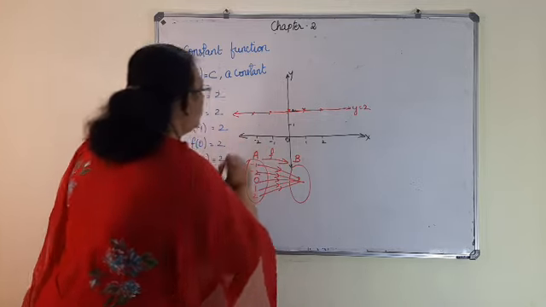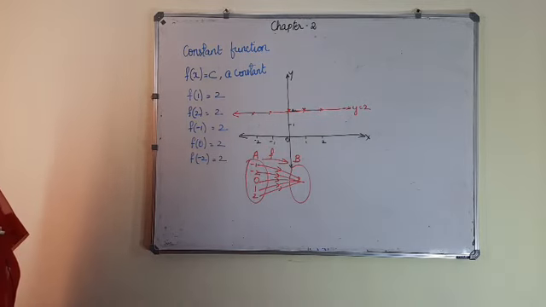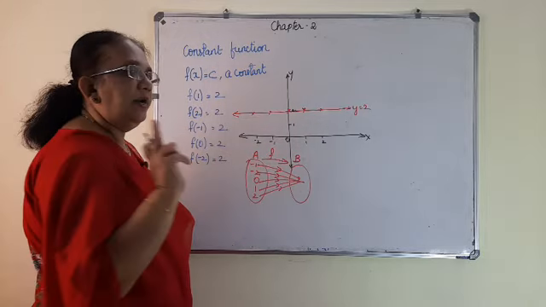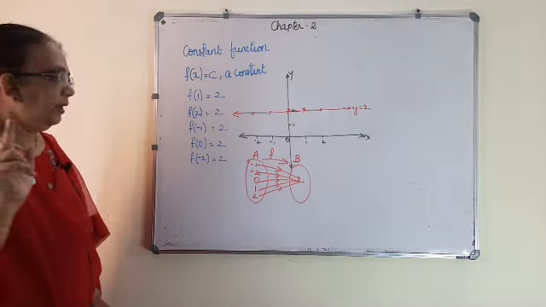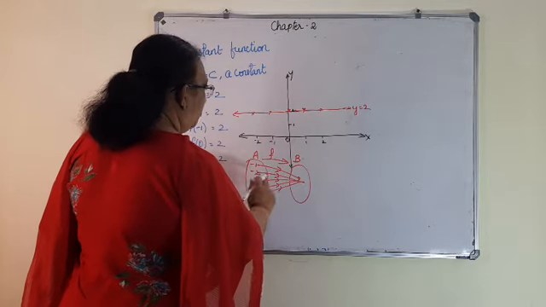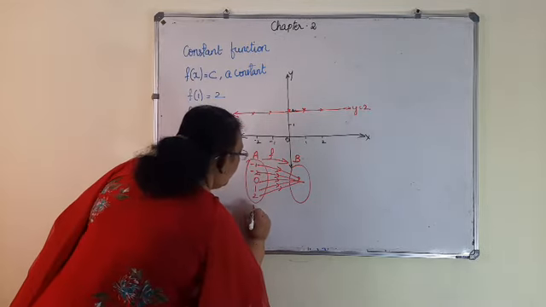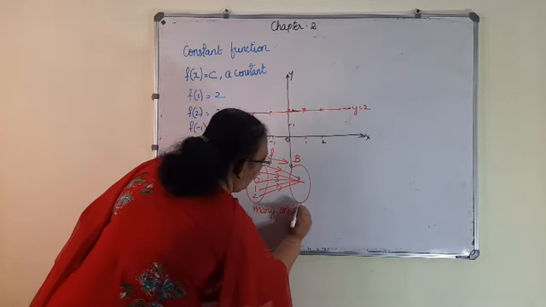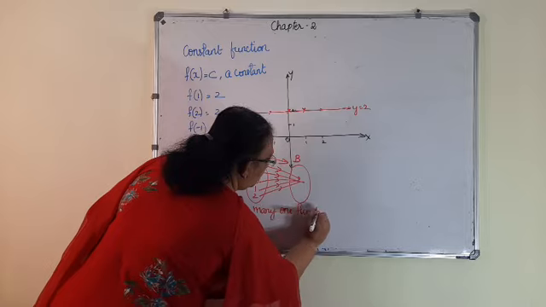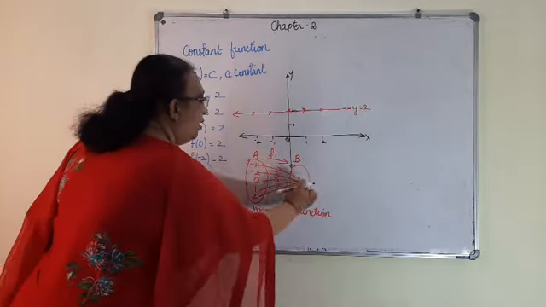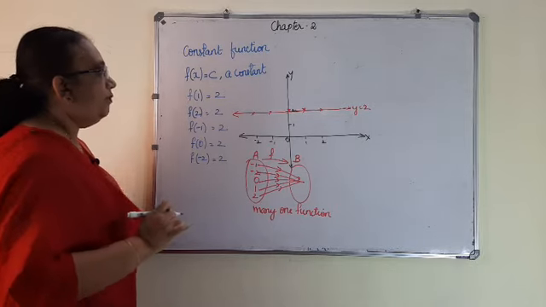This is a function from A to B, as all the elements have one and only one image. So it has a special name: many one function, or many to one function.